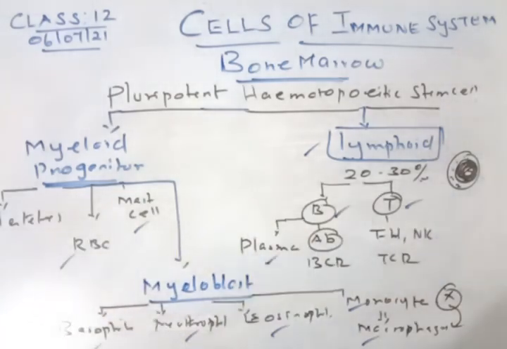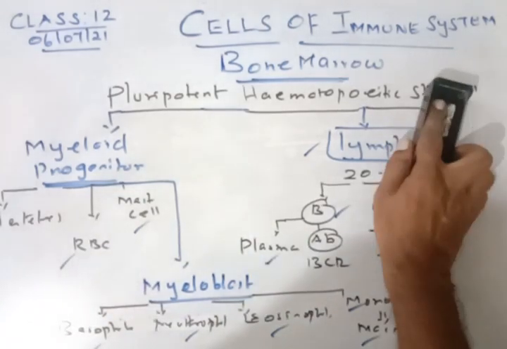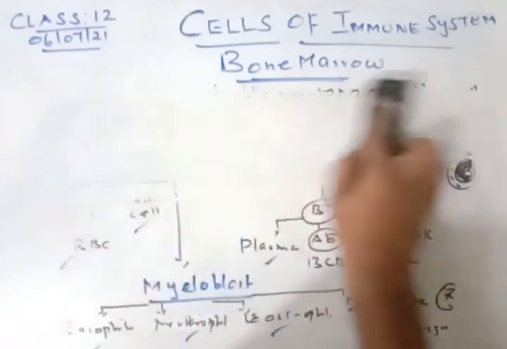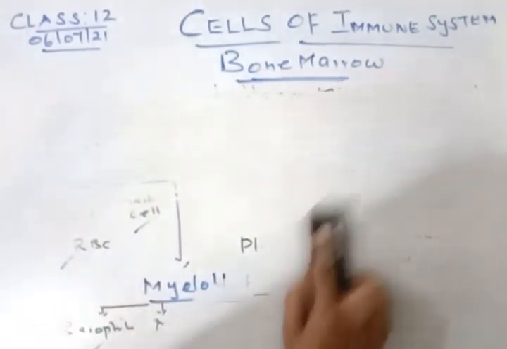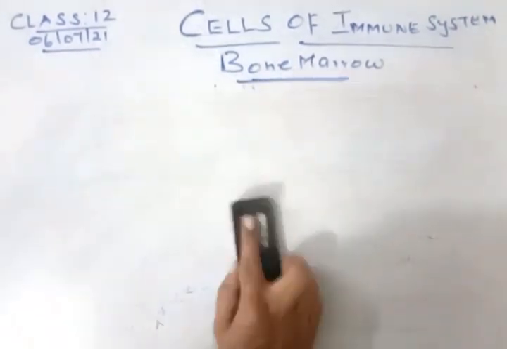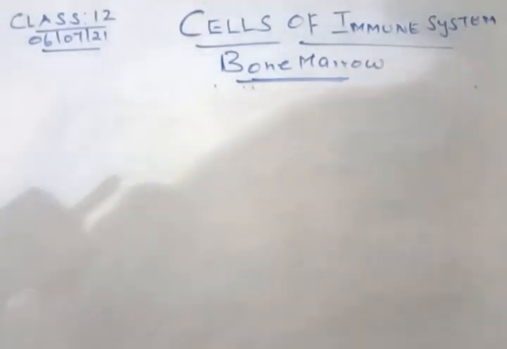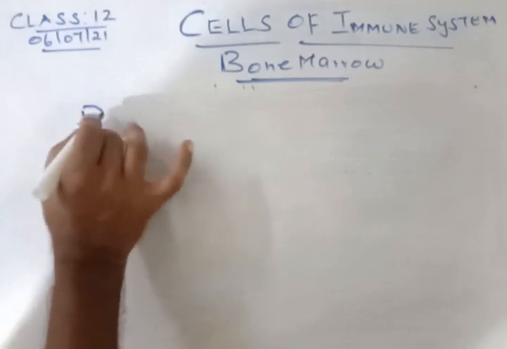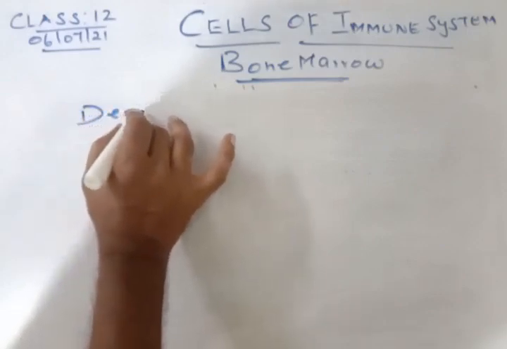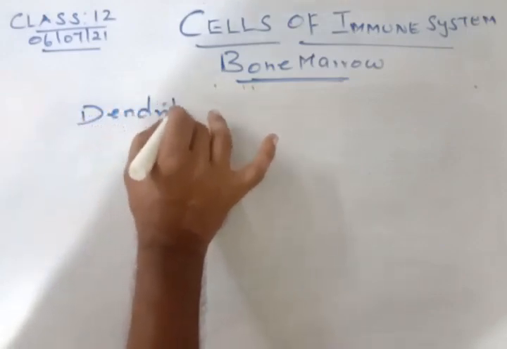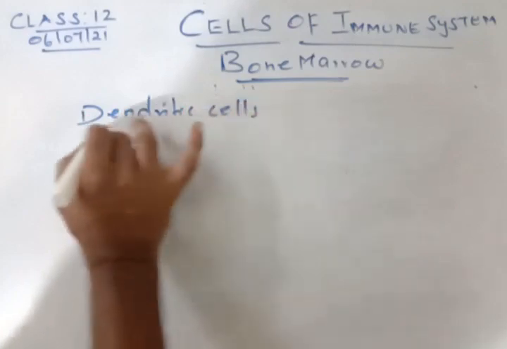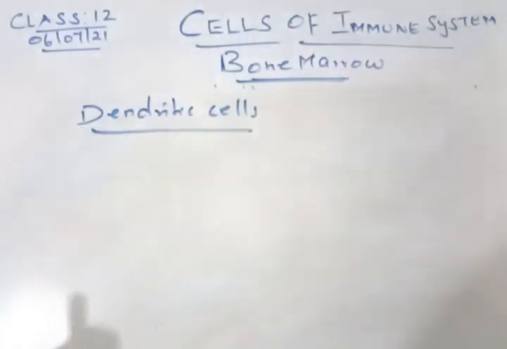One more content I will deal with and then stop. I'll go with a cell called dendritic cells. An important 2-mark question. That is why I am doing it separately. The cell is called dendritic cells, or otherwise called dendrites.